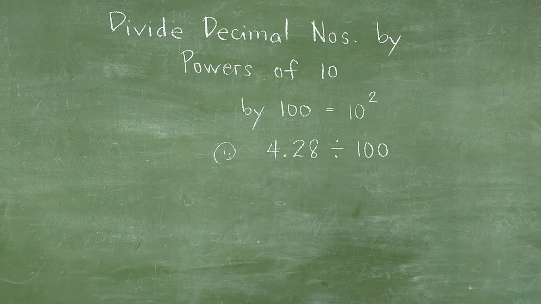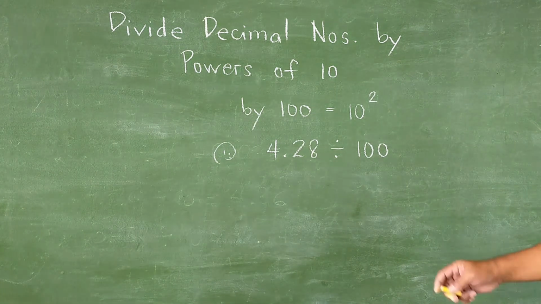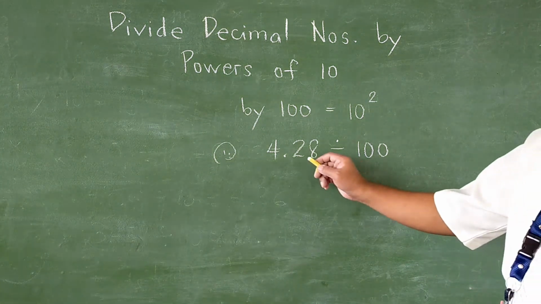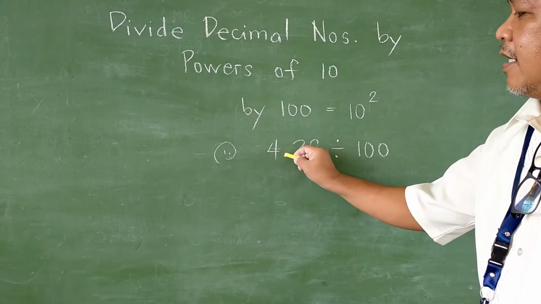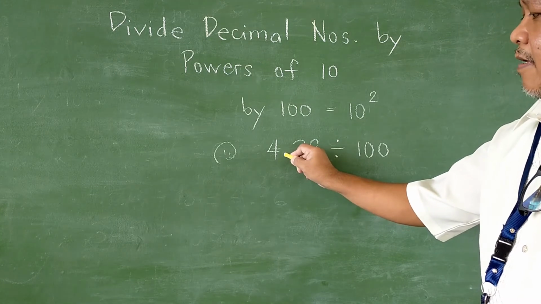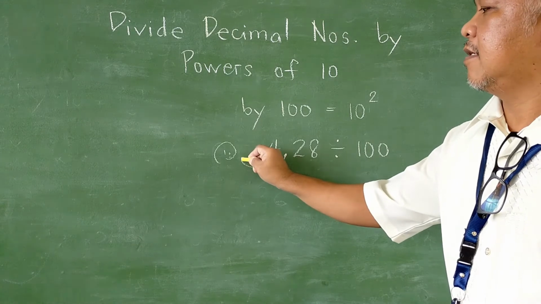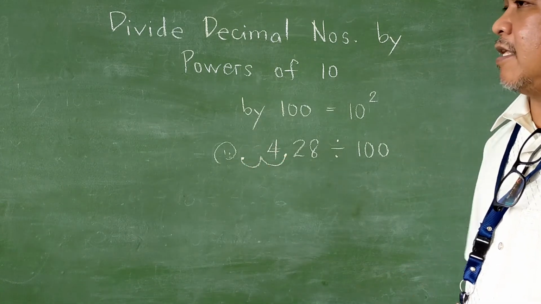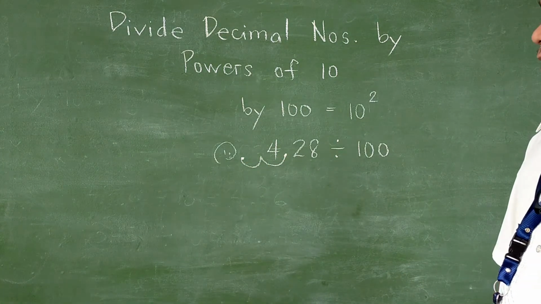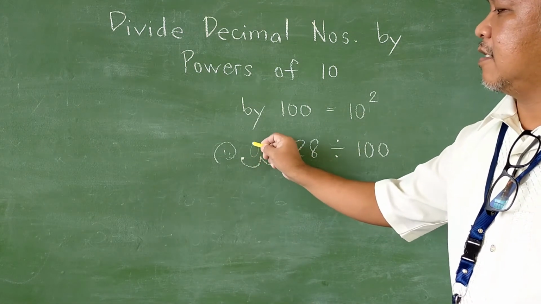So, kanina, we move the decimal point one place to the left, kasi divided by 10. Now, this time, since divided by 100, instead of moving this point one place to the left, imumove naman natin siya ng isa, dalawa. Okay? So, 2 movements naman to the left ang ating gagawin. And since wala tayong number dito, we can write 0.